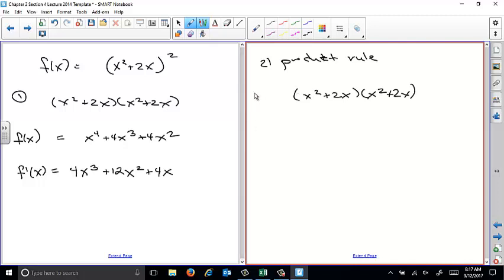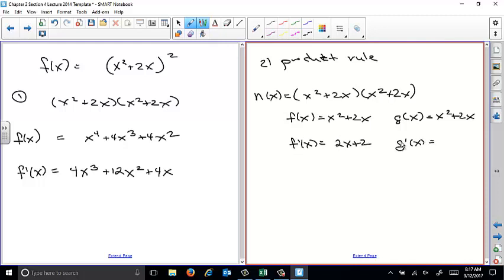Let's call the first term f of x and the second term g of x. And then you take the derivative of each part of the product. So f prime of x is 2x plus 2, and g prime of x is 2x plus 2.